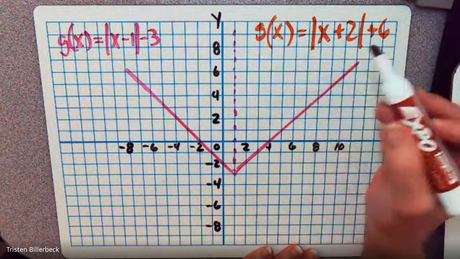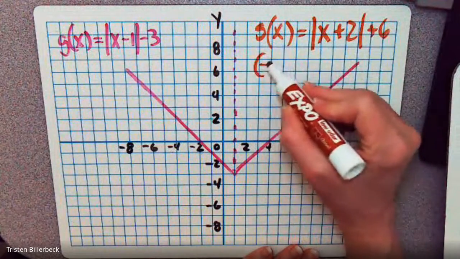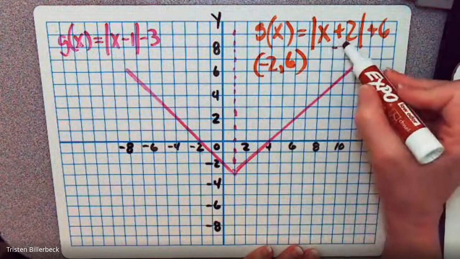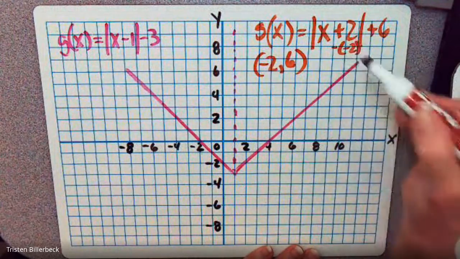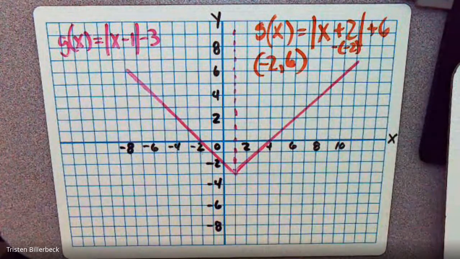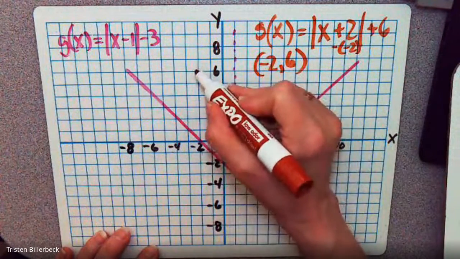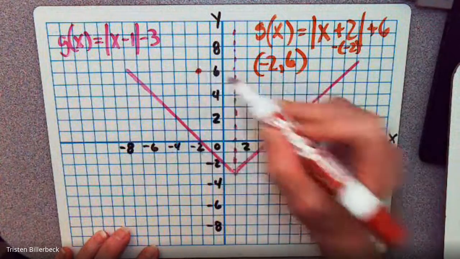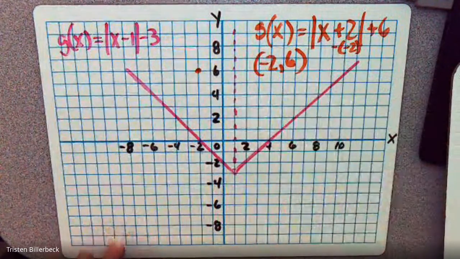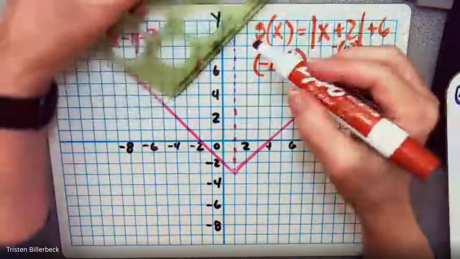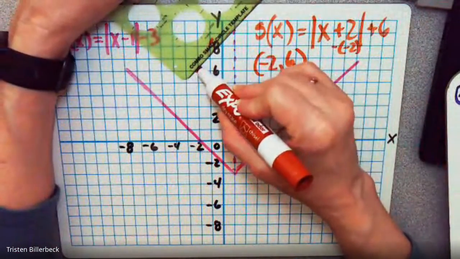We found its vertex was -2, 6, because this is a minus -2 right there. So don't get messed up by that. So we have -2 and then positive 6. So a again is 1. So we're just going to have a slope of this line of 1. So it's just going to look like this.